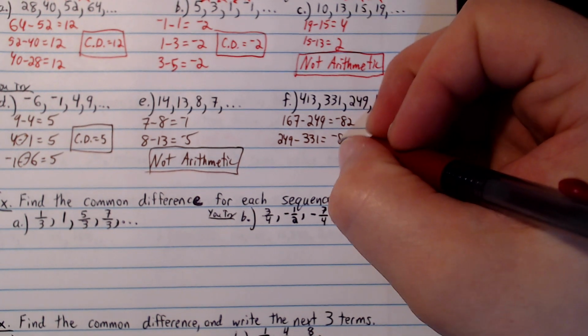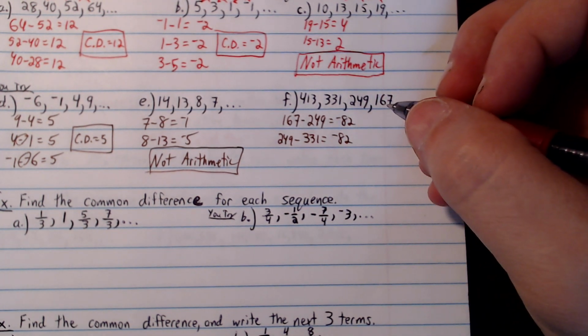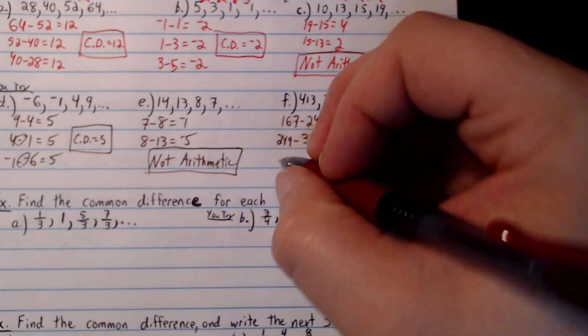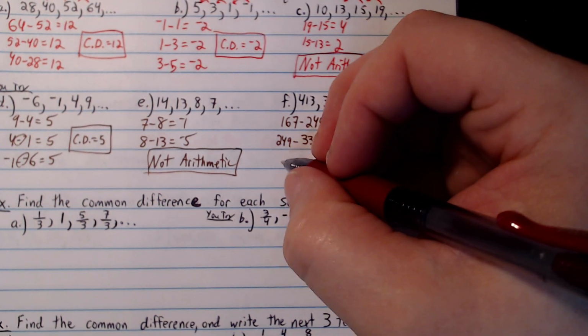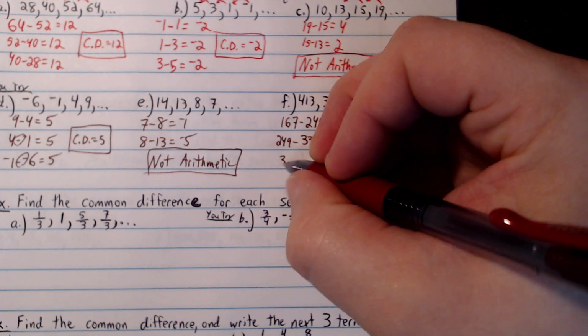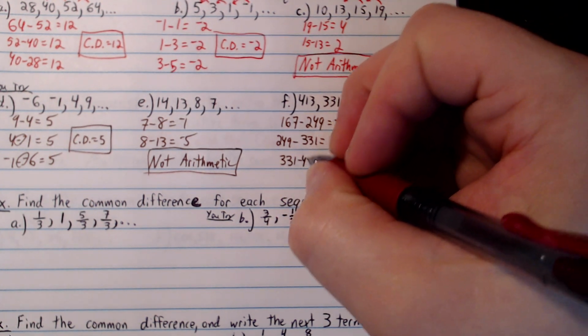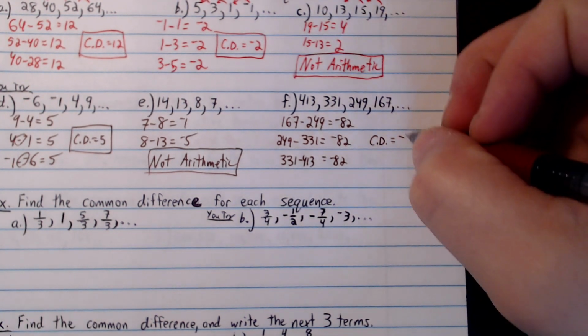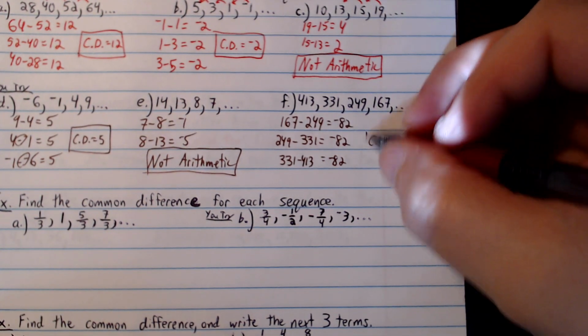Oop, got negative 82 again. And then finally 331 minus 413. We would have also gotten negative 82. Let's write that down real quick. So you got a common difference here of negative 82.